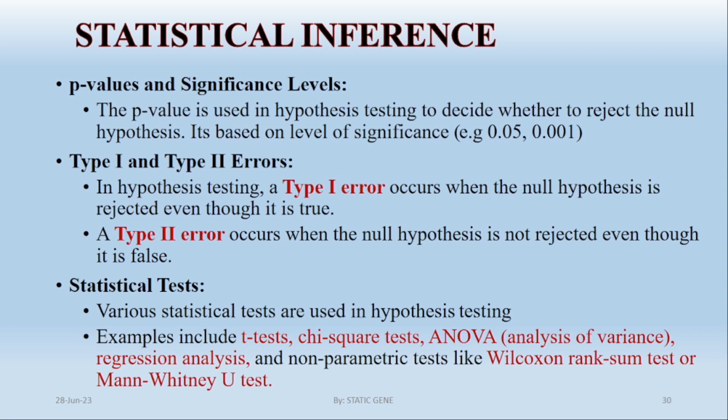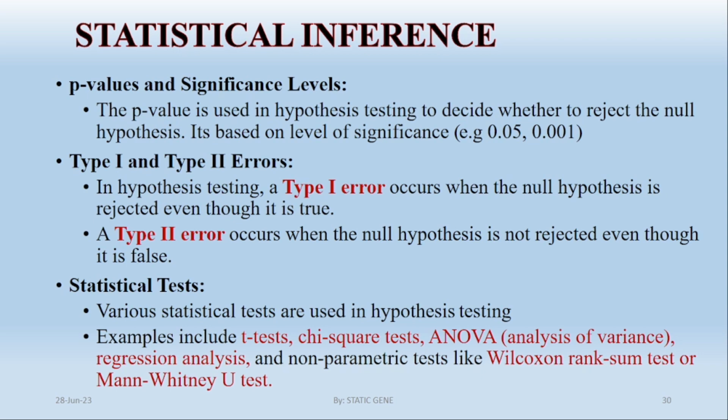A type 2 error occurs when the null hypothesis is accepted even though it is false. Again, all this comes from which statistical analysis you used and how you arrived at your final conclusion. The most important aspect of arriving at a conclusion about your data set is statistical tests.